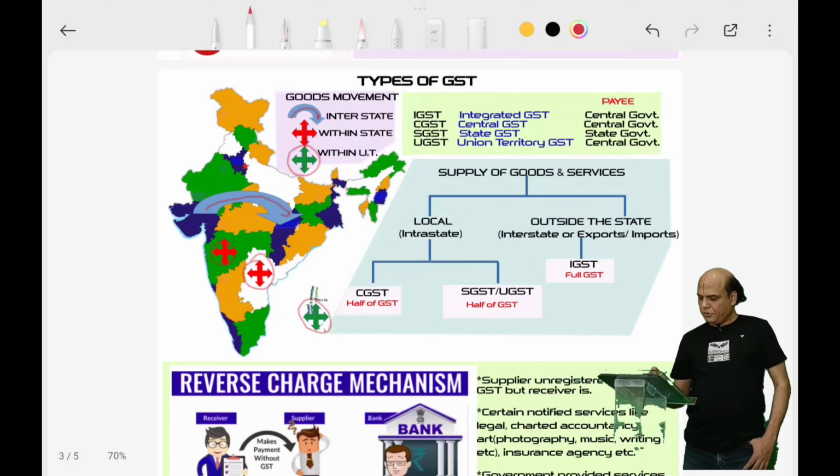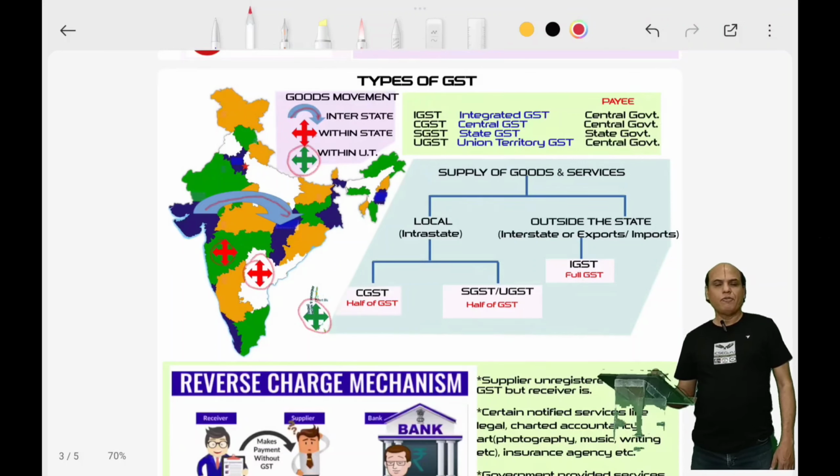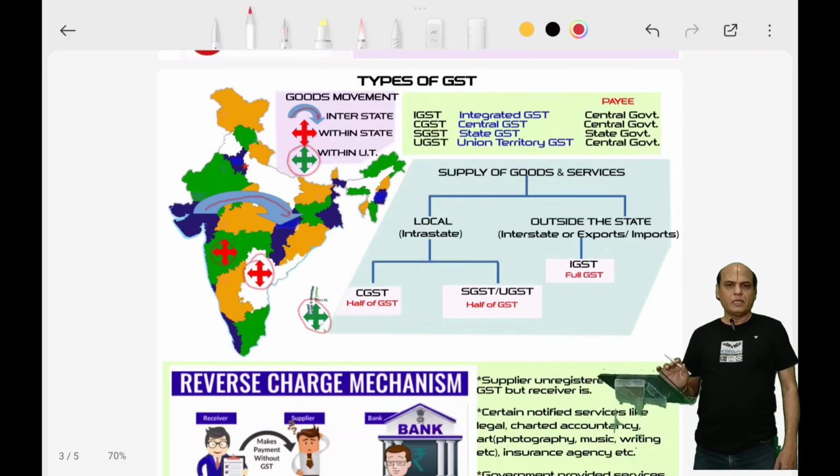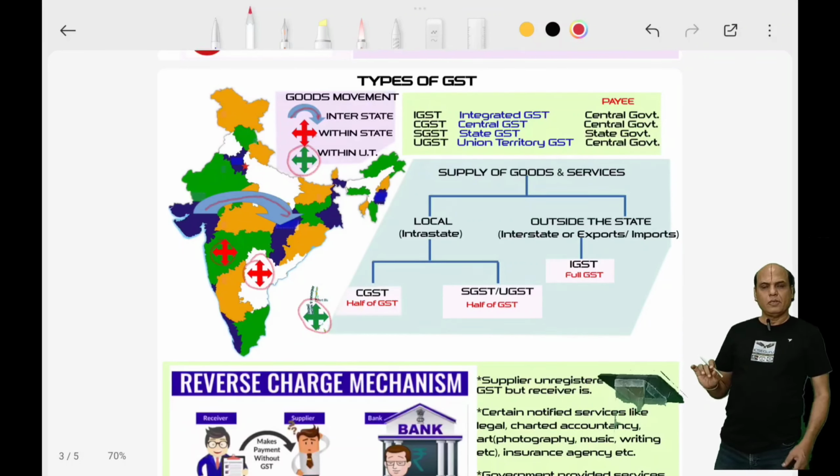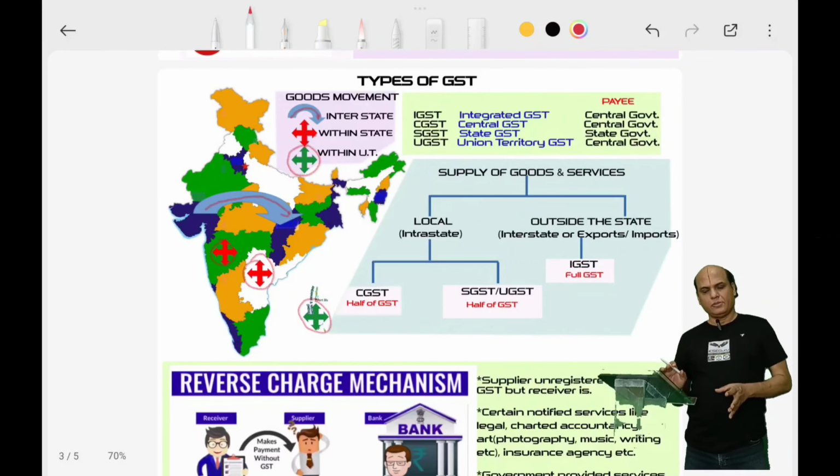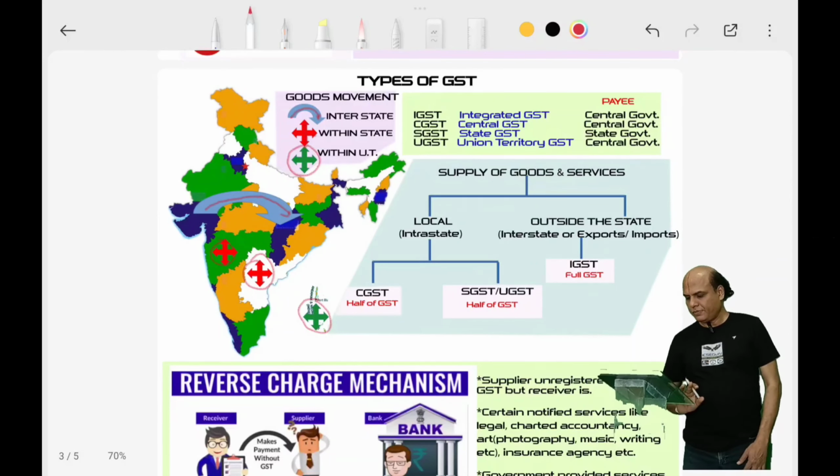So I tried to show this green four-way arrow to depict movement of goods within a Union Territory, the red four-way arrow to depict movement of goods within a state, and the blue curved arrow to depict movement of goods from one state to another. So the blue arrow depicts interstate movement of goods. Clear?